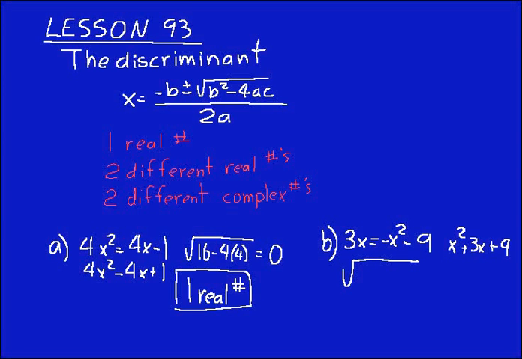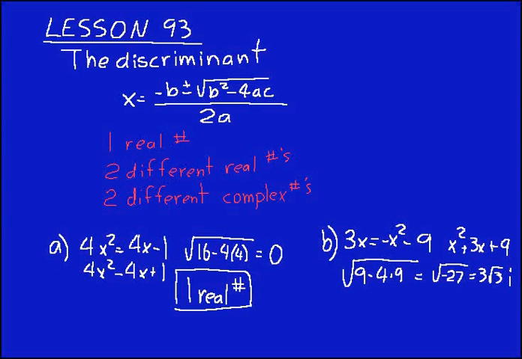And you'll have b squared, which would equal 9, minus 4 times a is 1, and then times c is 9. And so basically we have the square root of 9 minus 36. That would be the square root of negative 27, which would be 3 times the square root of 3i.